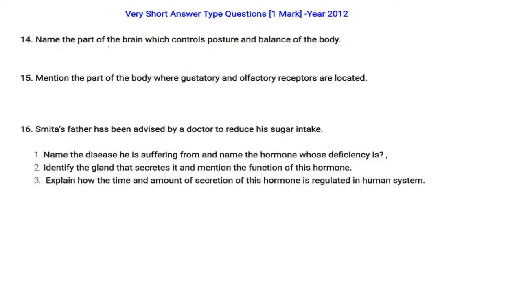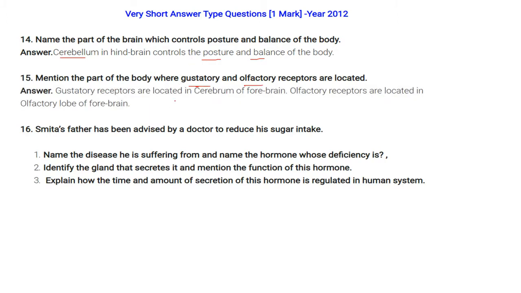Name the part of the brain which controls posture and balance of the body. This is the cerebellum. The cerebellum is the part of the brain which controls the posture and balance of the body. Name the part of the body where gustatory and olfactory receptors are located.